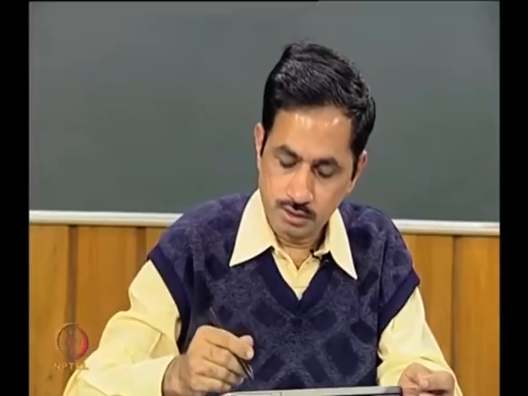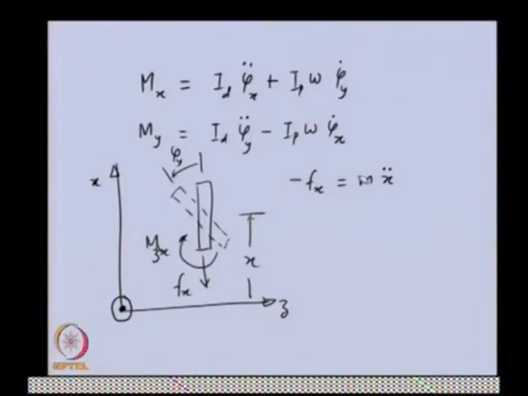Once we have done the force balance in x direction, the moment balance will be zx, and this is equal to the inertia, which is the second one, Id phi double dot y minus Ip omega phi x dot.